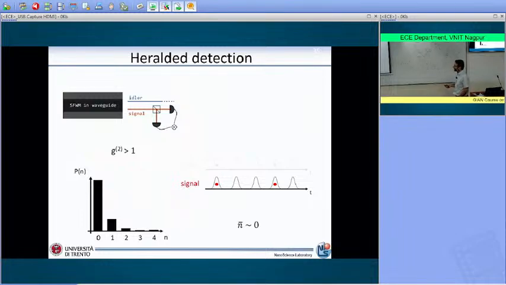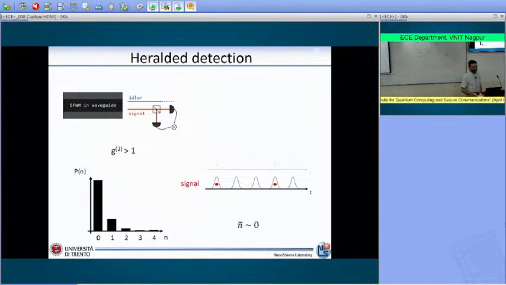Since the source is a probabilistic source, the result of the measurement is that sometimes I have one photon and sometimes I do not have any photon. This is what I measure when I'm doing the measurement on one of the two photons of the pair. Exactly the same as in a classical light source. So the probability of having 0 photons in the state is large, and the probability of having one photon in the state goes down, so it's a Poissonian statistics.